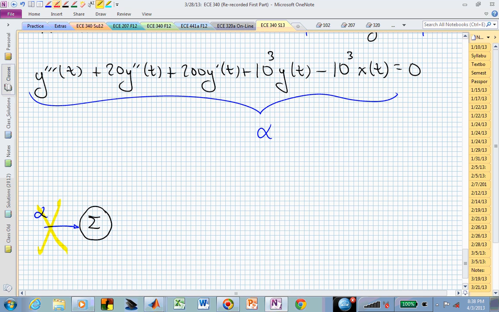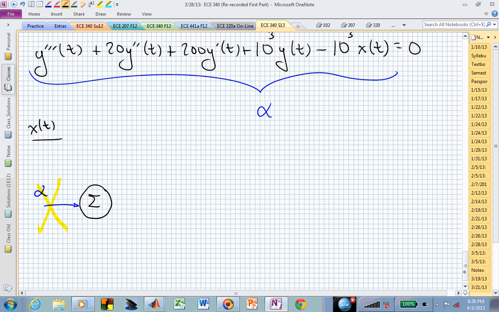Now, let me assume that I have the input x of t available to use. Let's say that is right here. And let's also say that I have the output y of t available for measurement.